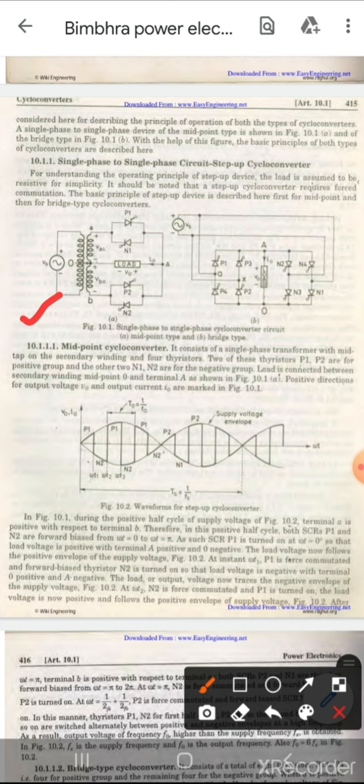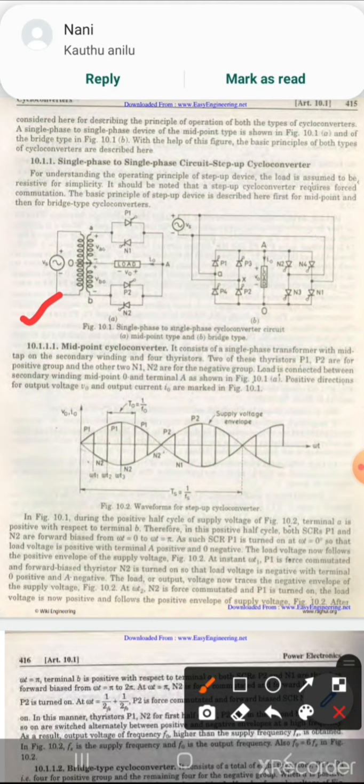In the secondary side winding of the transformer there is a center tapping, and four thyristors are connected: P1, N1, P2, N2. The load is here. Generally we consider a resistive load.